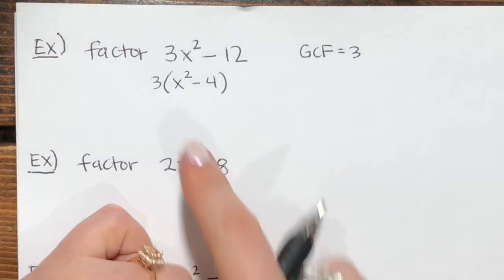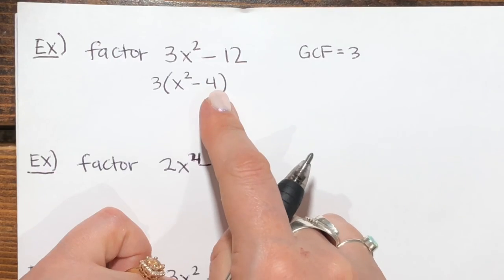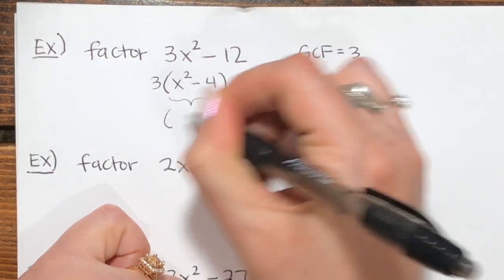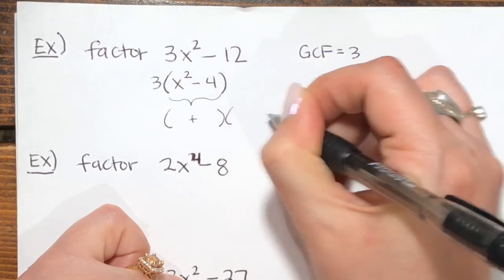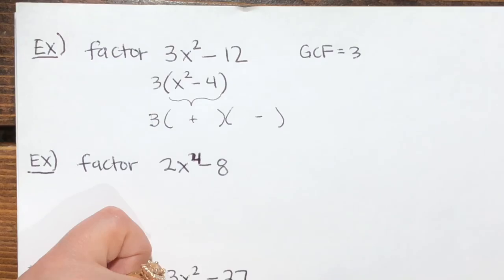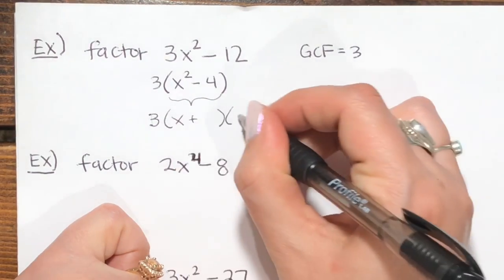So now that that 3 is out, if I look at x squared and 4, those are now both perfect squares. So I can factor this part to be 1 a plus, 1 a minus, but just don't forget the 3 that we took out originally. Square root of x squared is x, so that's going to go in the front.